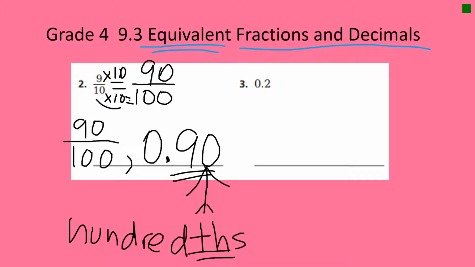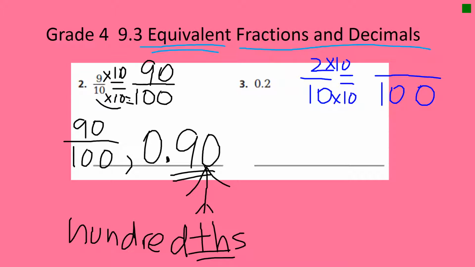All right, so let me look at number 3 here. 0 and 2/10. You know what? I like to write it as a fraction first. 2/10. I'm just so used to fractions. Let's make 2/10 equivalent to a fraction that has 100 in the denominator. We're changing it to hundredths. Do the same thing. Times 10. What do I do to the numerator too? I make it 10 times bigger.